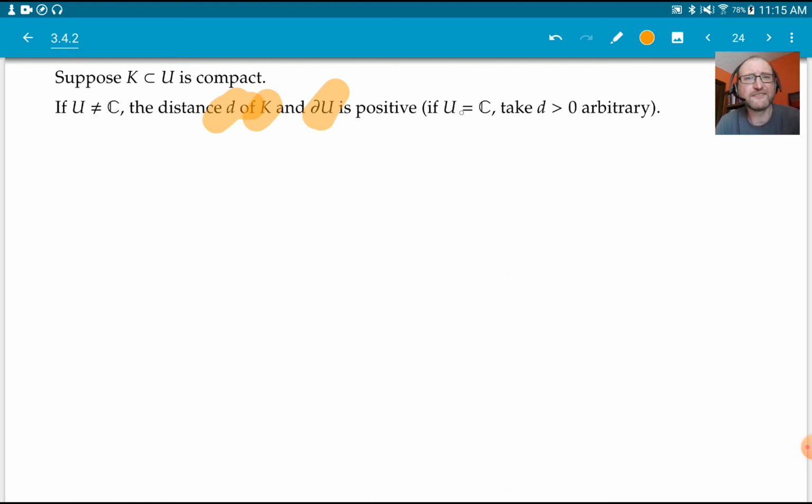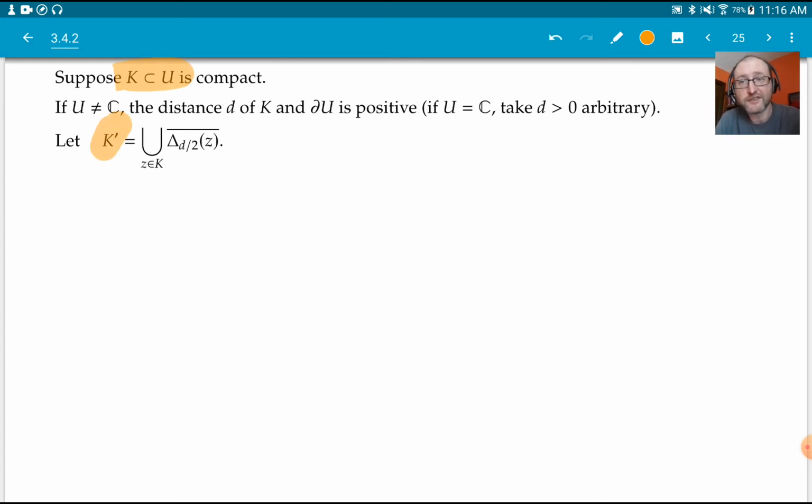And if there is no boundary, if U is the entire complex plane, you just take an arbitrary positive number. But if there are some points in the boundary, take it to be the distance. And now we enlarge this K over here.